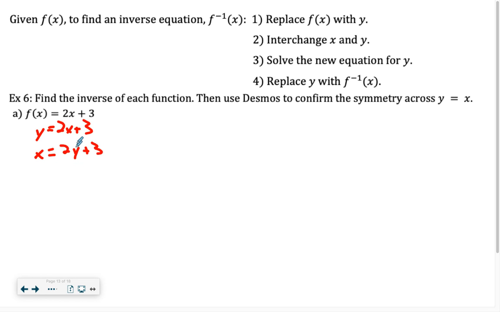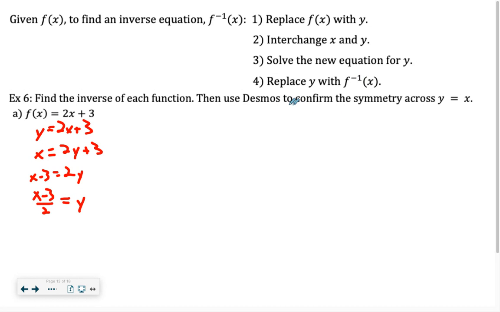I'm not doing any operations. All I'm doing in that step is replacing any x's with a y and any y's with an x. Now I want to solve this new equation for y. I'm going to subtract 3 over and divide by 2. So I'll have x minus 3 all over 2 equals y.